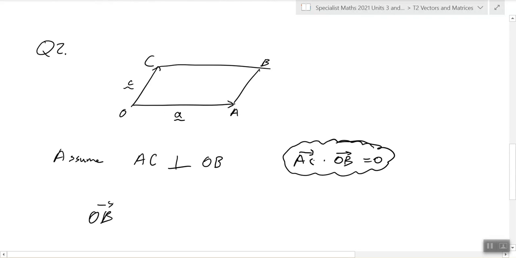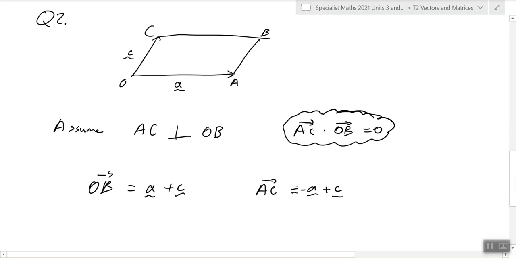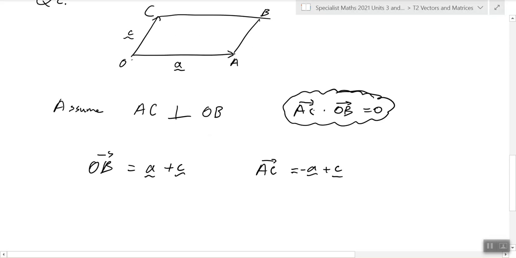AB equals A plus C. Yep. Sorry, I always start at that point and go that way. And you said C. Oh, you just went the other way. That's why I got confused.